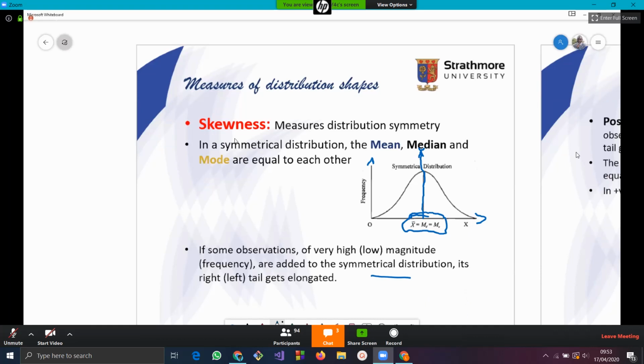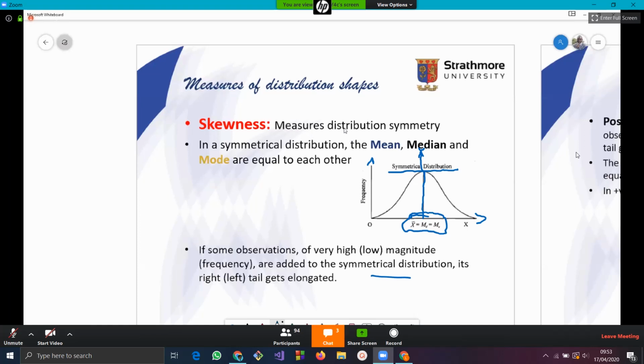So what is skewness? Skewness is the measure of the shape of a distribution. You see the shape of this distribution looks like a bell. It's bell-shaped. We call this a perfect symmetrical distribution. Symmetry just means a perfect shape. It's flowing, like a bell.